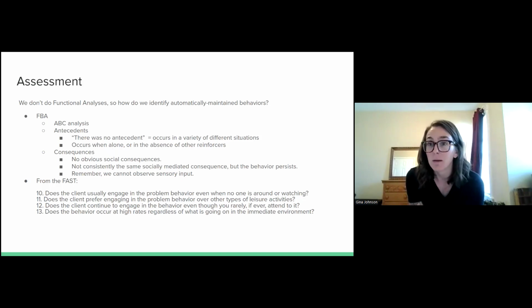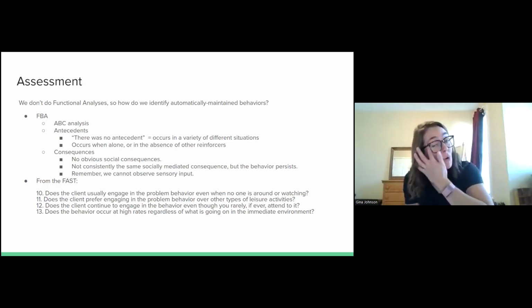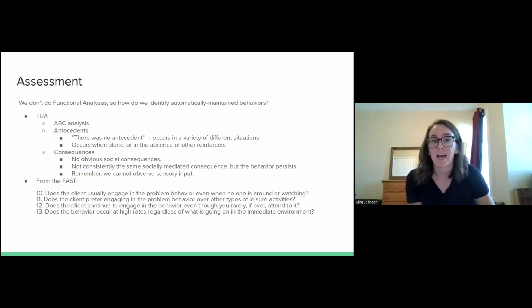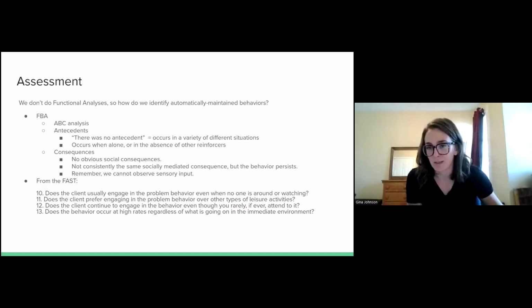So when we're doing our FBAs and we're thinking, I think this might be an automatically maintained behavior, what are we looking for, right? Antecedent wise, this might be one of those scenarios where you hear there was no antecedent, which obviously we all here should automatically translate into either there are lots of different antecedents, or I didn't observe any specific antecedent.